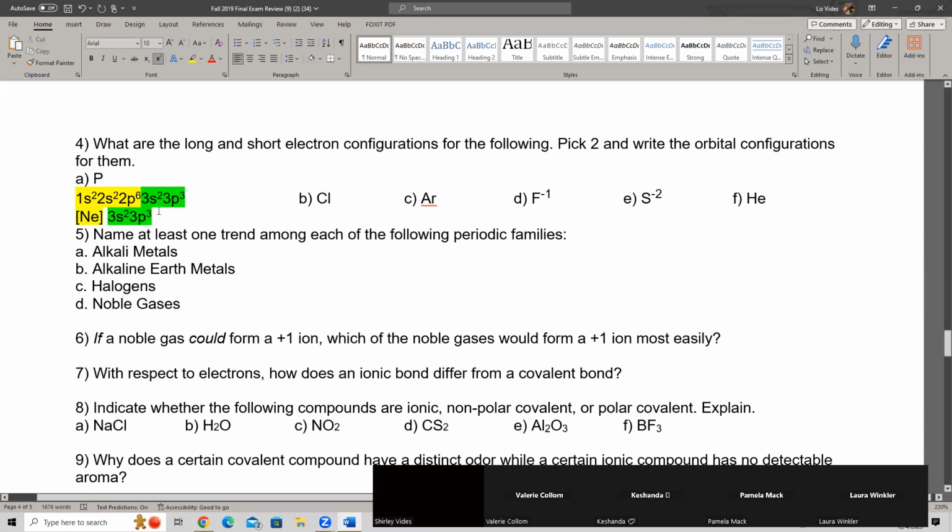Now, the other thing that is good to know is that this right here gives you a lot of information about that atom. You notice that it has 3 levels, 3 electron levels, as told to us by this 3, which I'm going to make red. See that?